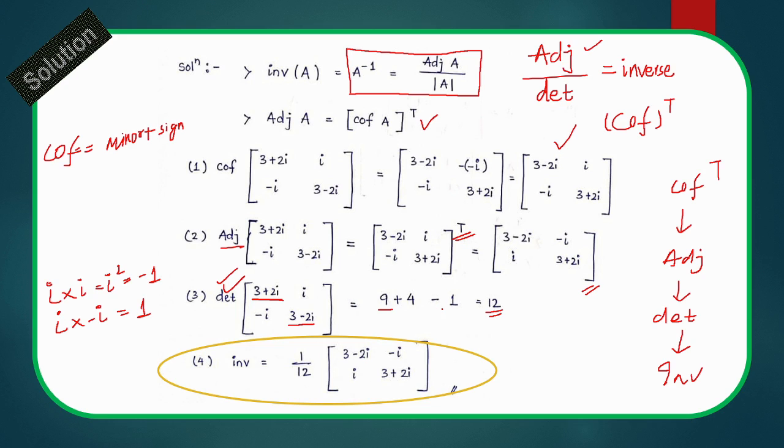You take the minus sign, then it will be minus 1. So 3 plus 2i into 3 minus 2i is 9 plus 4, 13, minus 1 equal to 12.